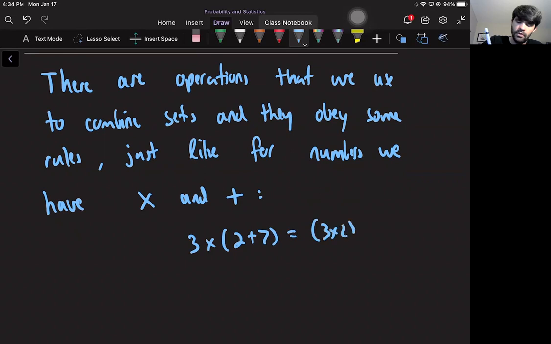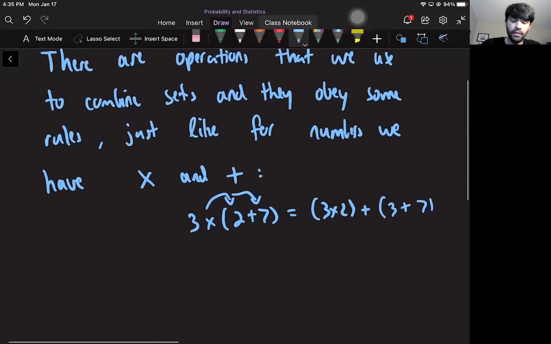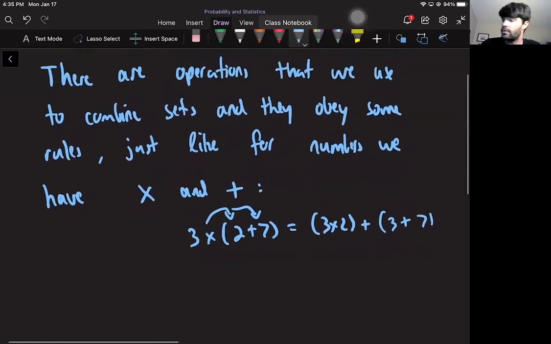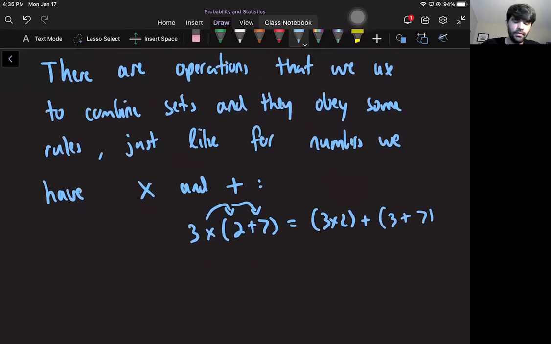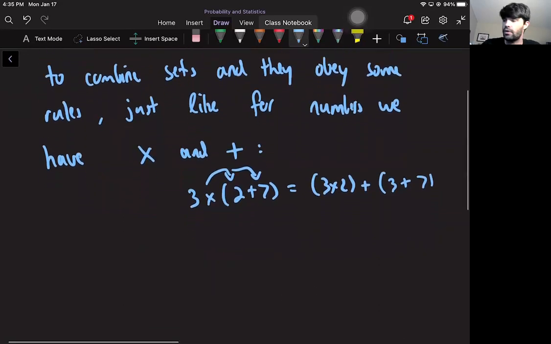The multiplication distributes into the addition, and we get something like this. So that's a rule that multiplication and addition obey when you combine them. So we're going to do similar things today with sets, but first we need some operations that are very much like multiplication and addition are for numbers.